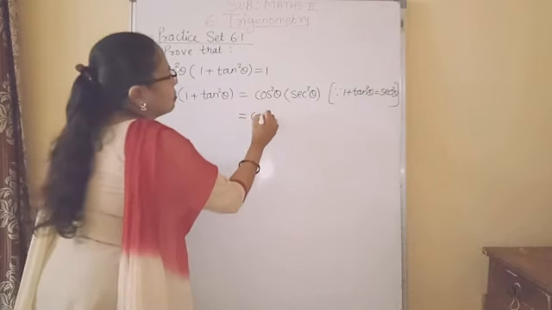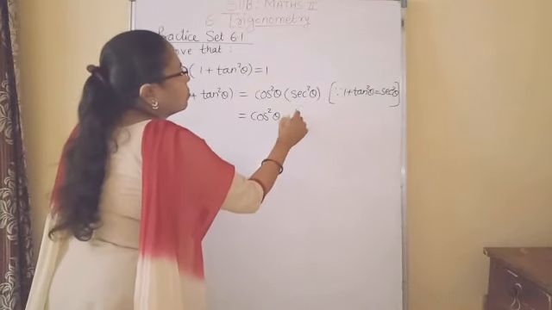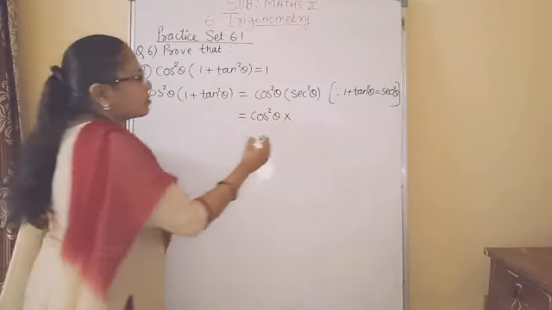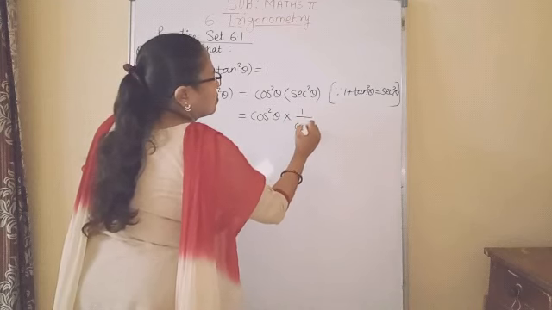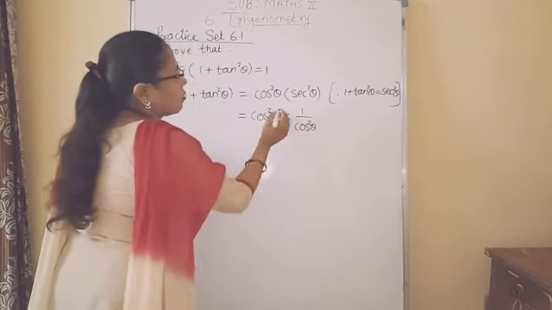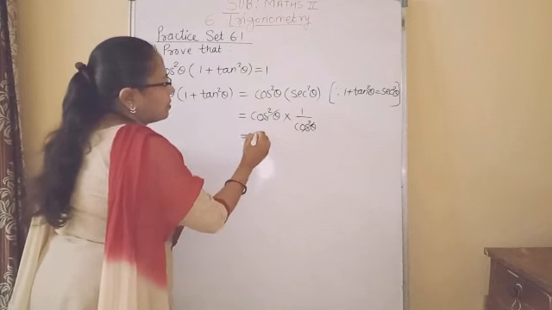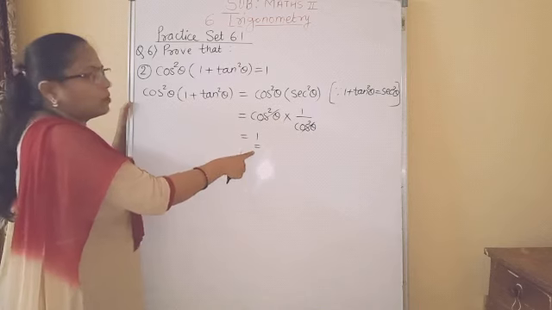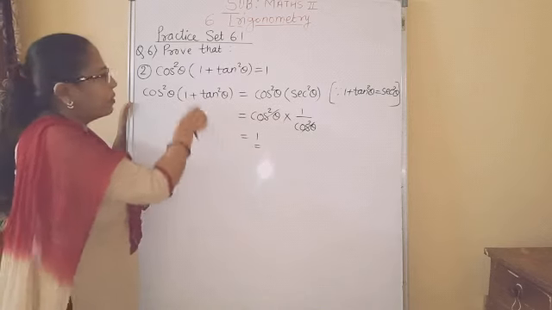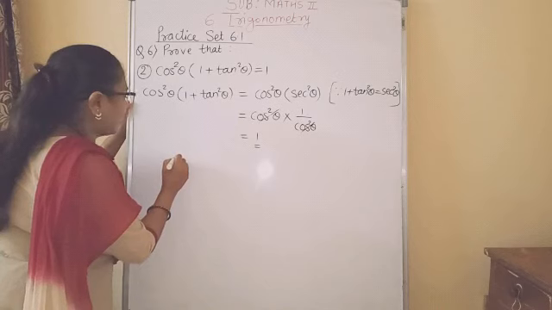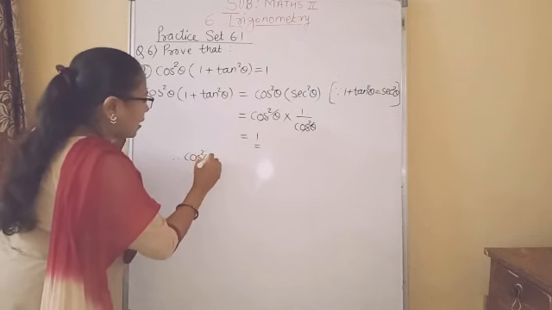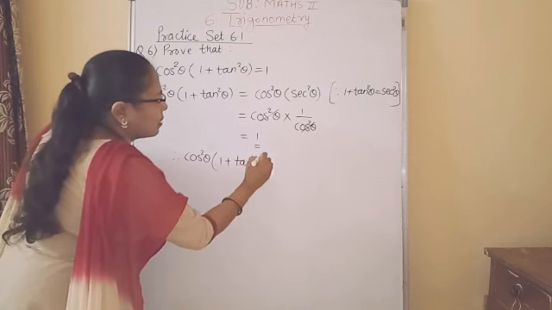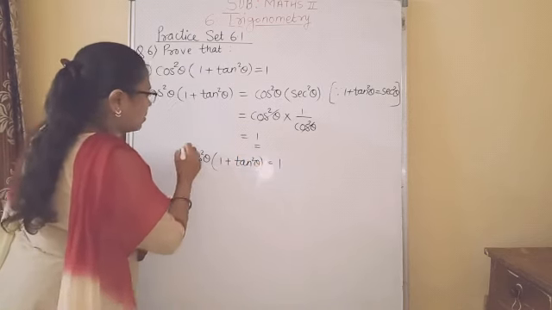Equal to cos square theta into, now sec square theta is equal to 1 upon cos square theta. Now this cos square theta gets cancelled and we will get answer 1. So left hand side is equal to right hand side. So this way we proved. So we will write the final answer. Therefore, cos square theta into bracket 1 plus tan square theta is equal to 1.